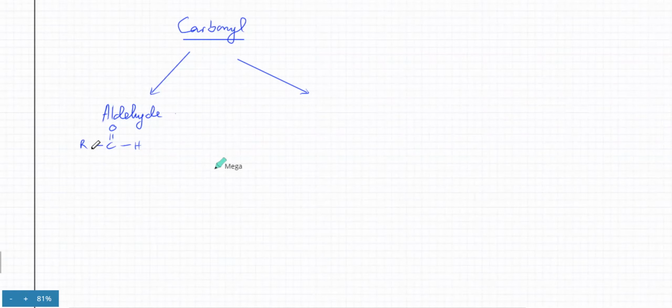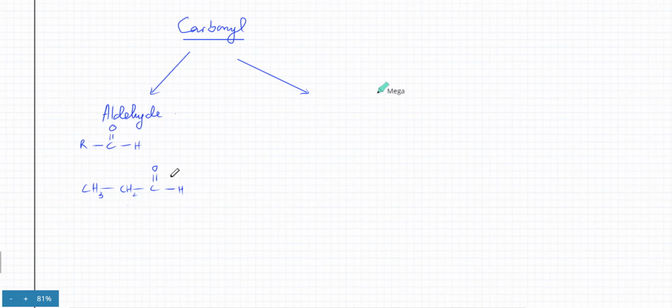R just represents the rest of the molecule. In this case, usually it represents the carbon chain. So there's going to be a carbon chain on one side, and that is where the aldehyde group or the carbonyl group is going to be right at the end. As an example, if you look at this molecule, this is an aldehyde. The C double bond O is right at the end. So whenever you see C double bond O right at the end of the chain, that is what an aldehyde is.